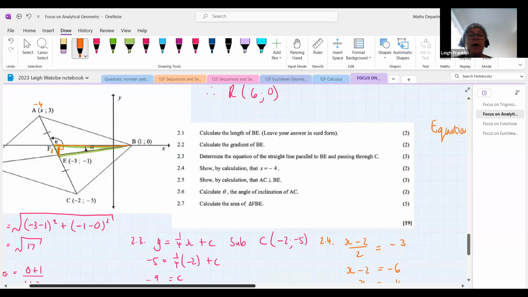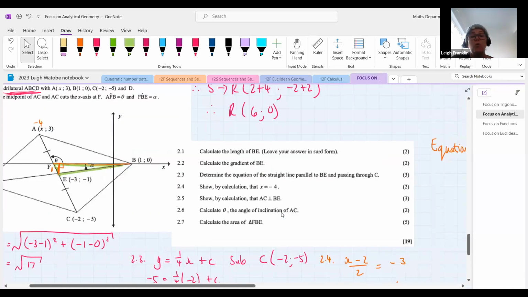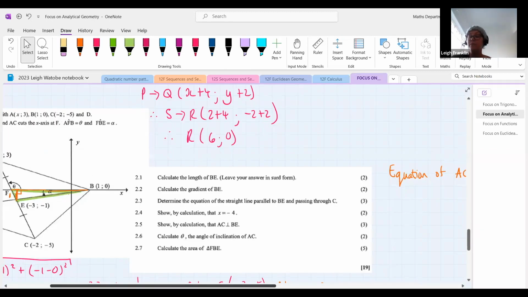What else do I have? I have the gradient, don't I? I know what the gradient of AC is. I know that it's -4. So I can sub in any point. Oh, hang on a second. Didn't I work out the equation of AC somewhere already?